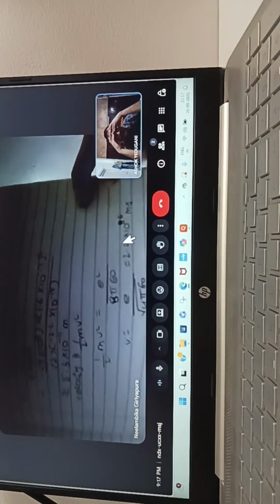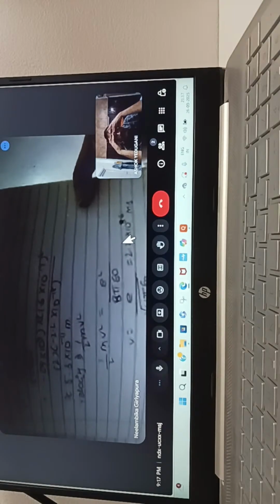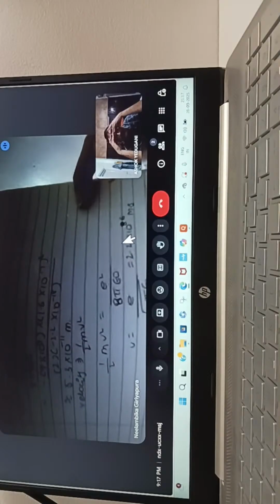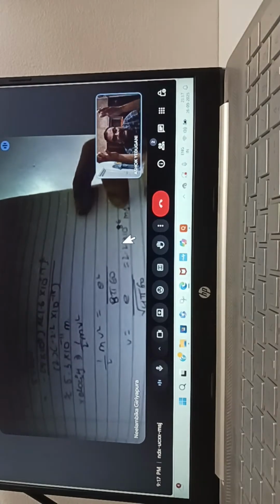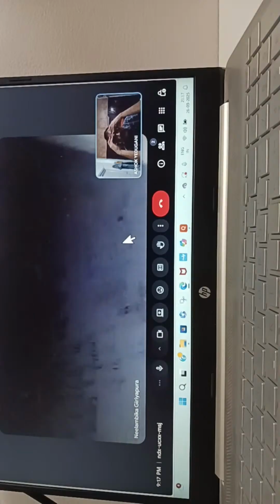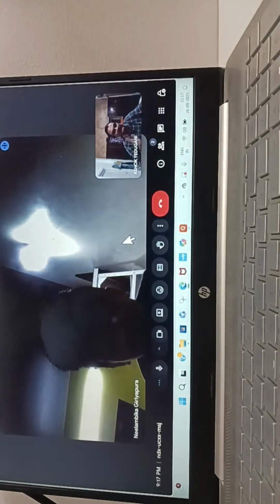What is the size of an atom, approximately? Sir, 10 to the power minus 15 meters. That is the size of the nucleus. So the atom is 10 to the power minus 10 meters, sir. Okay, right. Very good.